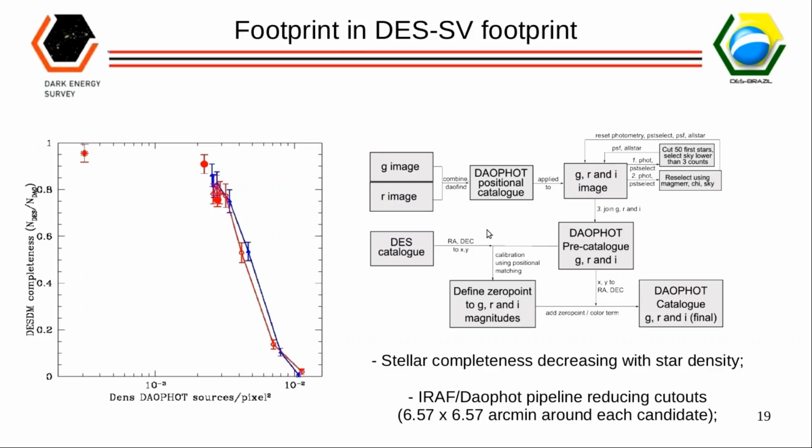So here we are not using the Dark Energy Survey catalog to sample the cluster candidates. We are just using it to determine zero points, and we are reducing each g, r, and i image.